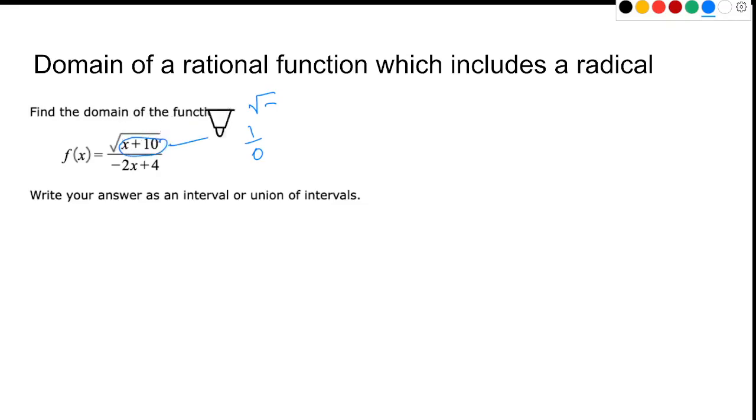Again, don't have to, but what we're looking for is that inside the square root, x plus 10, has to be greater than or equal to 0. And so the way we go about solving this, we subtract 10 from both sides, and we get our answer. Our domain is x greater than or equal to negative 10. So I'm going to start my number line.